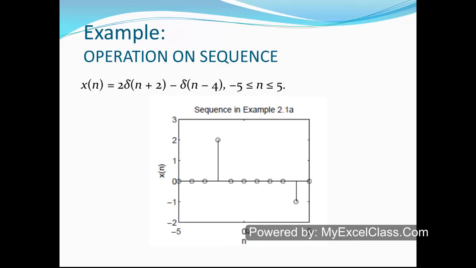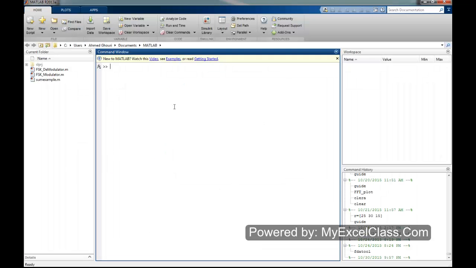So the range of samples is minus 5 to 5 in time, like I said before, and we'll be implementing this equation in Matlab. So let's see how it is written in Matlab.